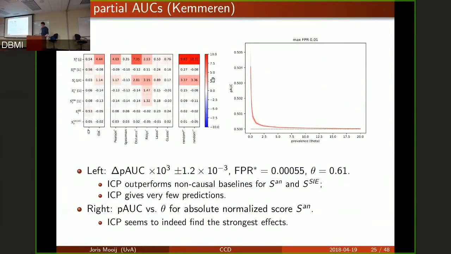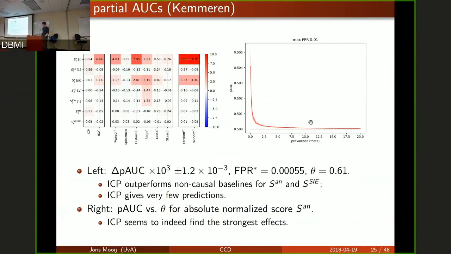If we look more globally at partial AUCs of ICP, which is this column here, in comparison with the baselines, then we see in particular that for this absolute normalized ground truth measure, ICP is doing better than all our baselines. So that's promising. Another promising thing: remember that we had these arbitrary thresholds to binarize the ground truth. Hopefully, the fact that it's doing better than random guessing doesn't depend on this arbitrary threshold that we chose.